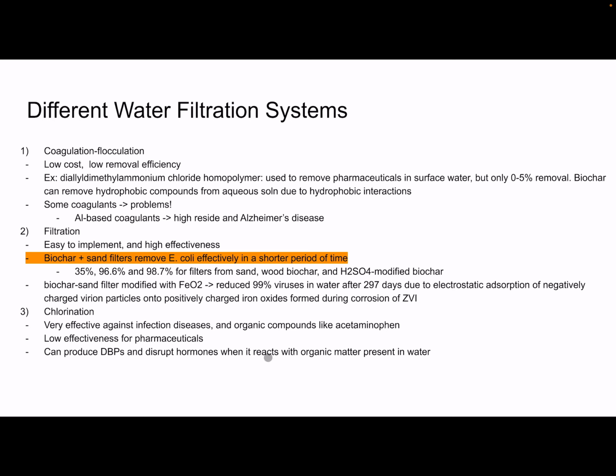So what I just want to highlight is filtration is really effective, especially filtration made from wood biochar or H2SO4 modified biochar, and they're easy to implement. And that's what the paper really emphasized. The paper also mentioned chlorination, which I think we used previously, like in our own Malawi project. But chlorination, while it's really effective against infectious diseases, it can produce disinfection byproducts, which have some health risks associated with them.